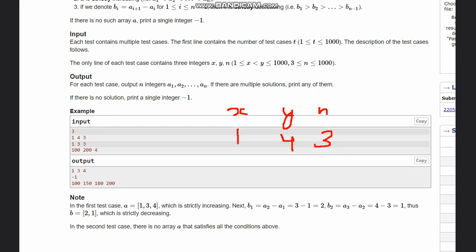Now we need to construct an array which has first element as 1 and last element as 4. And we are given the condition that the bi's are in strictly decreasing order and the ai's are in strictly increasing order.